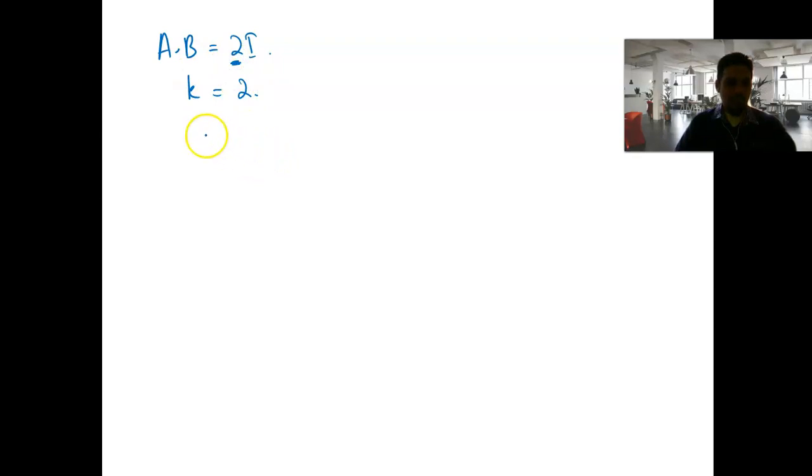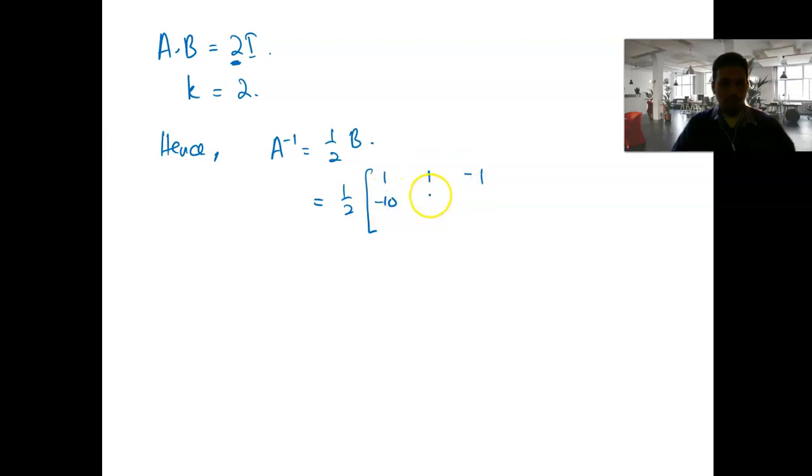Okay, and hence A inverse equals 1 over 2 B, which is 1 over 2, and B is 1, 1, negative 1, negative 10, 4, 2, and 7, negative 3, negative 1.